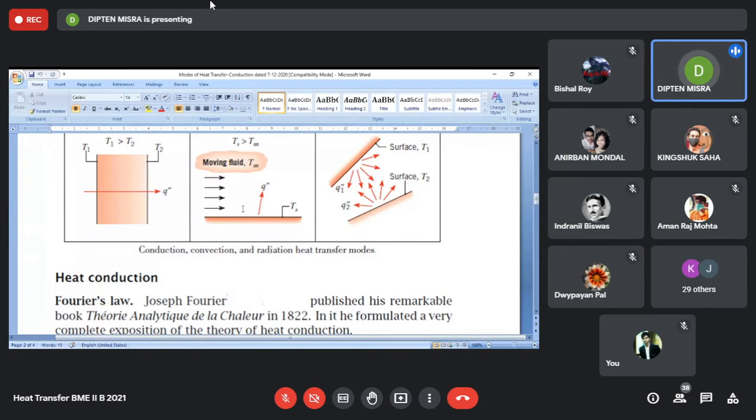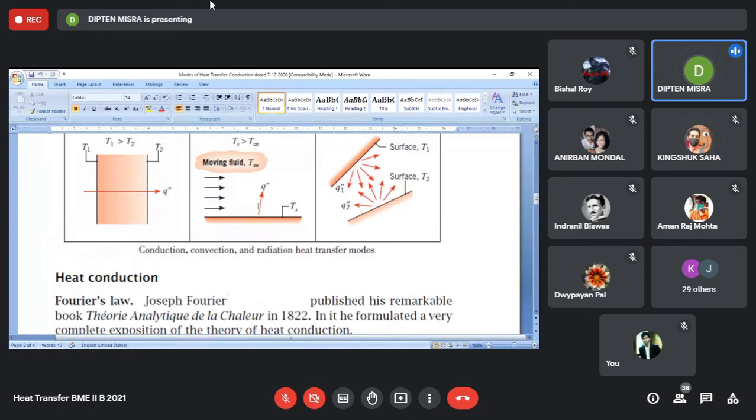The distance will be beyond the local thickness of the thermal boundary layer, and within that distance we can feel it. Beyond that we do not feel it. There is another boundary layer, known as the thermal boundary layer, that may be distinct from the hydrodynamic boundary layer that you may have come across in the fluid mechanics course.